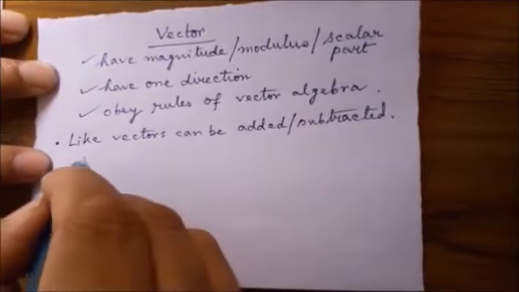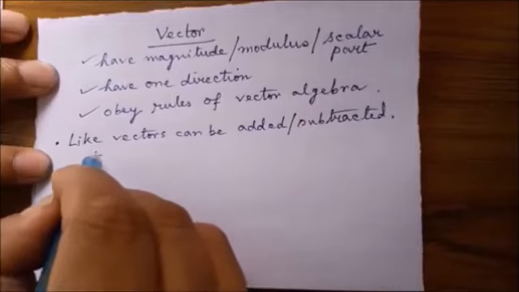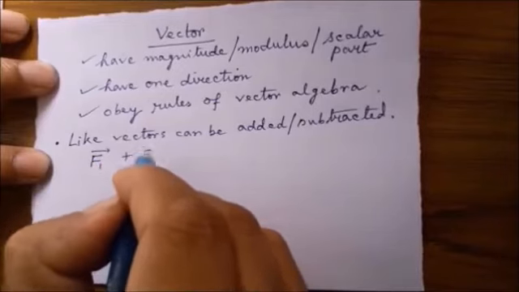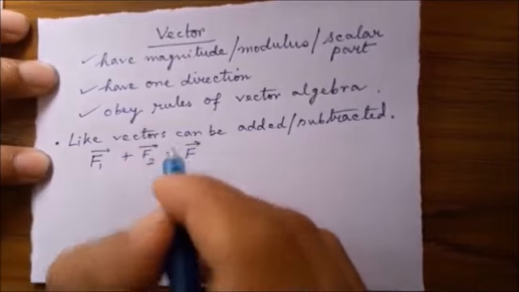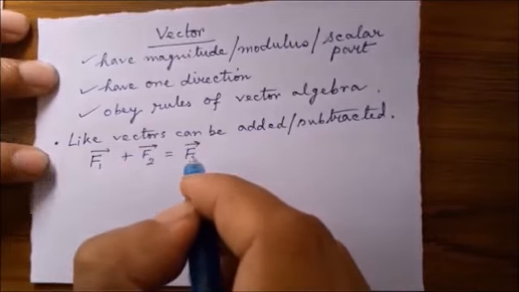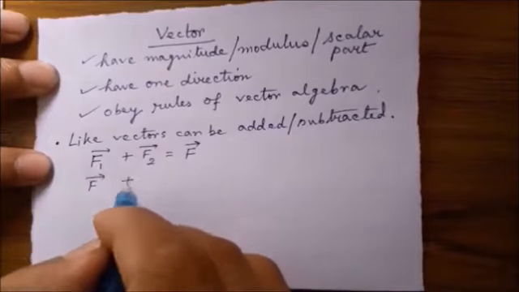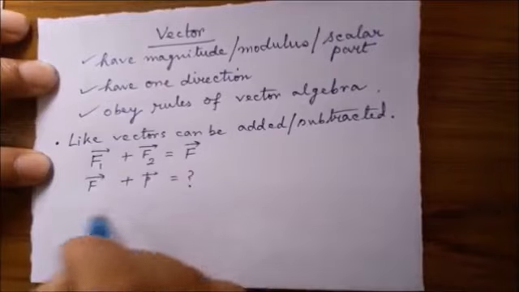For instance, this is a force F1, and to it we can add another force F2, and we get a resultant force vector F. But to a force vector F, can we add a momentum P? This makes no sense. This is meaningless.